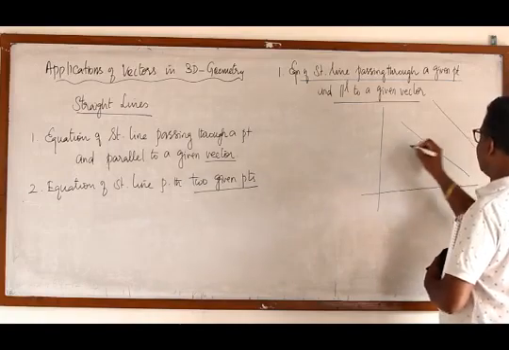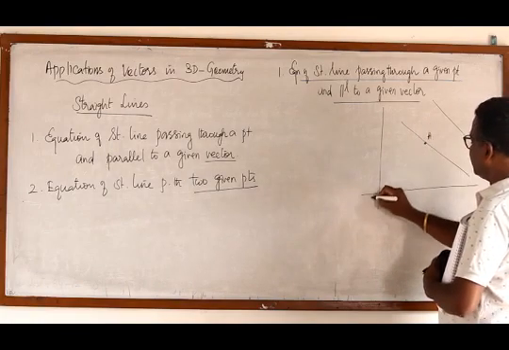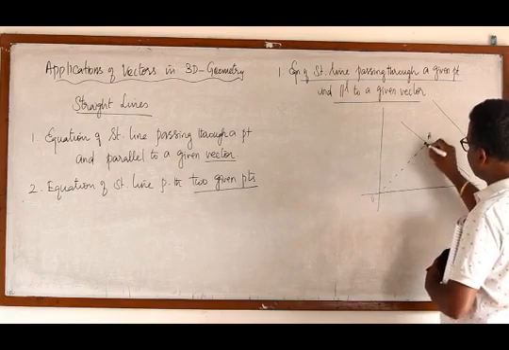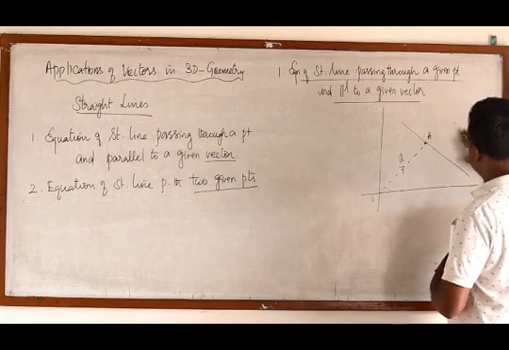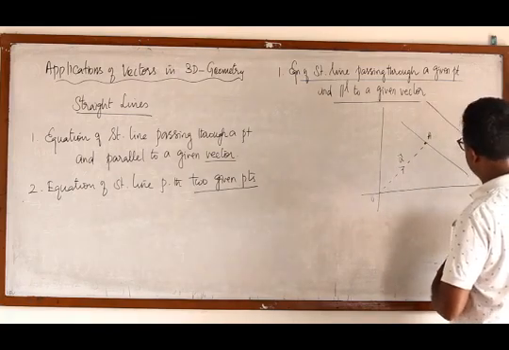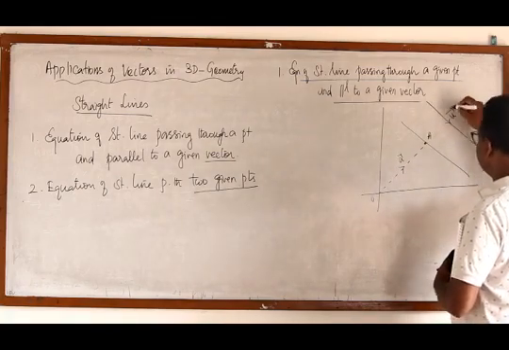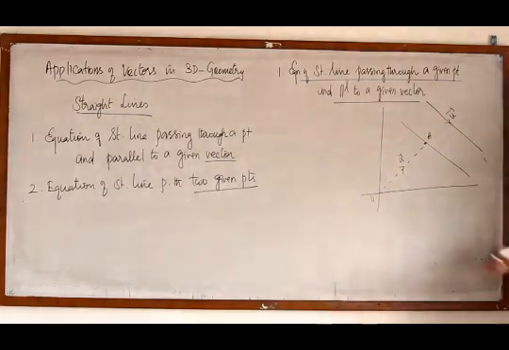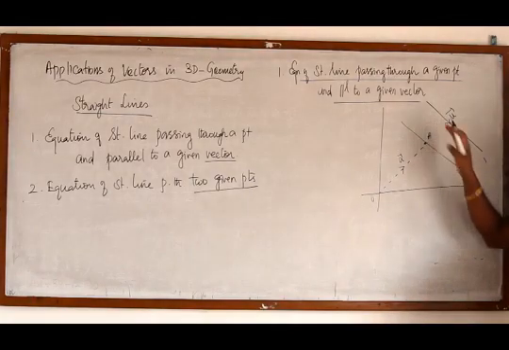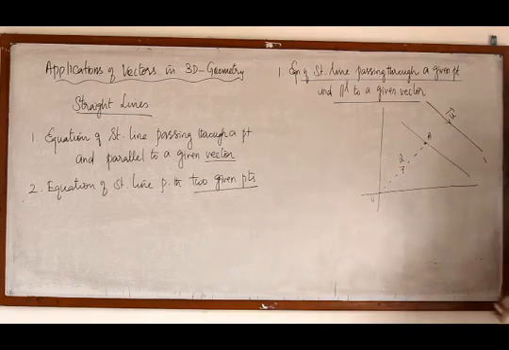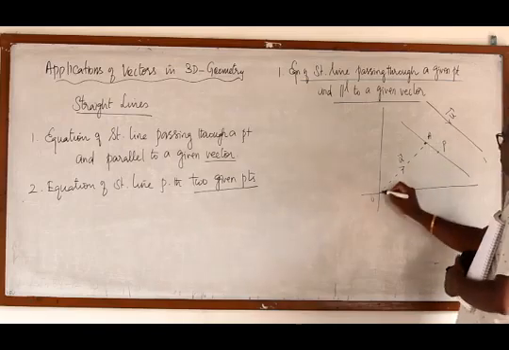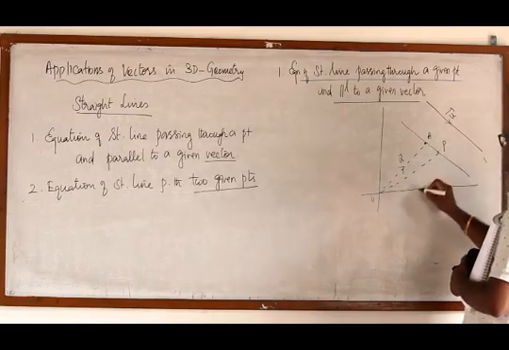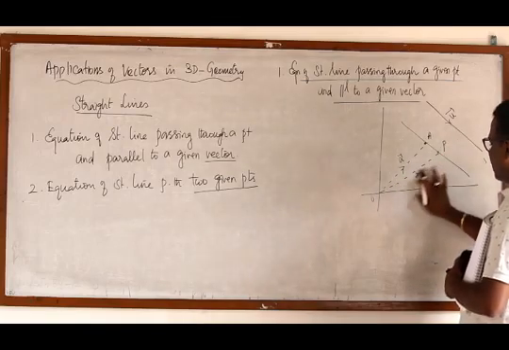This line AB passes through a point A whose position vector is A vector, and it is parallel to another vector, U vector. So the line is passing through a point and there is a vector parallel to this line. Then what is the equation of this line? That's what we are going to find. For this, I am going to take always a general point P, whose position vector is R vector.